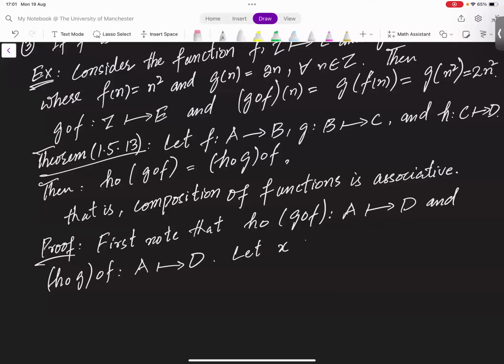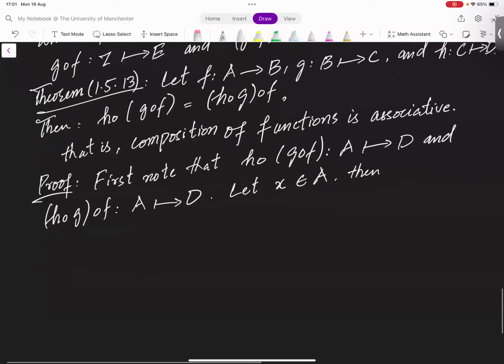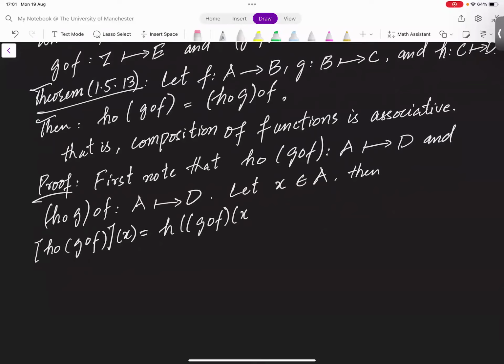Now let x be in A. Then we have H compose G compose F of x, which is going to be H of G of F of x, and then it will be H of G of F of x.